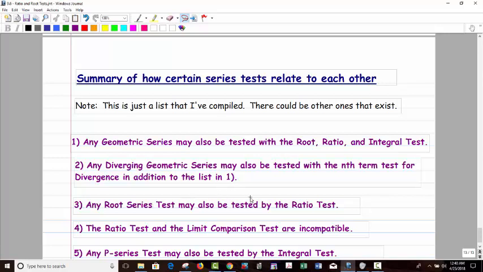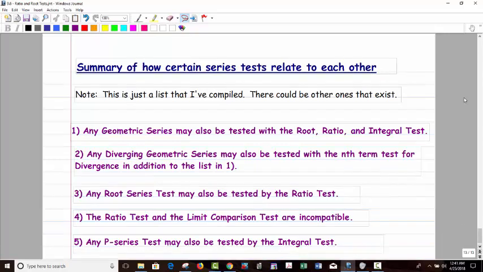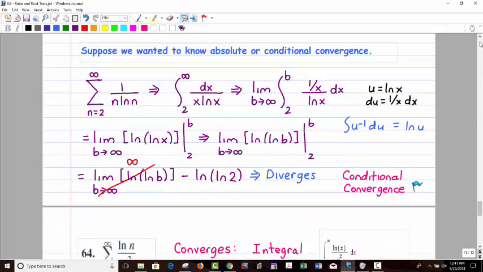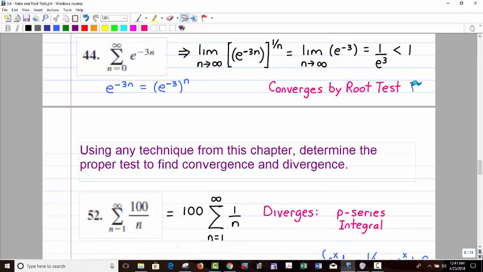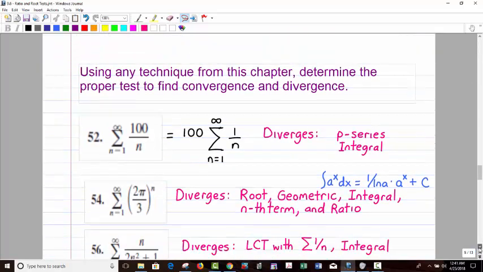Root series can also be tested by ratio, but not vice versa. And we mentioned this earlier, ratio and limit comparison test are incompatible. And then any p-series is also integral, but not vice versa. Not all integrals are p-series. So let's come back up here. That means the fact that this first one here, the 100 over n, is a divergent p-series means integral test would also apply.